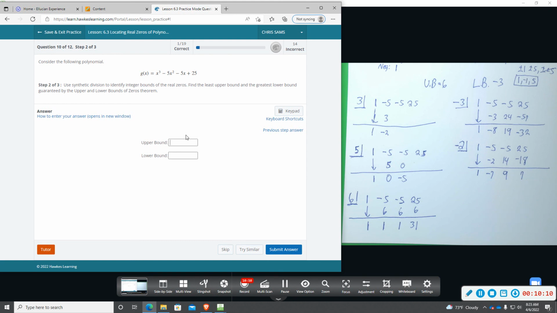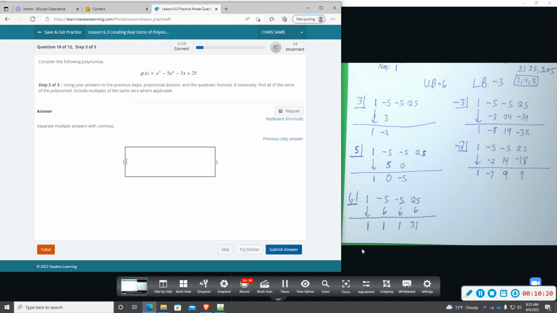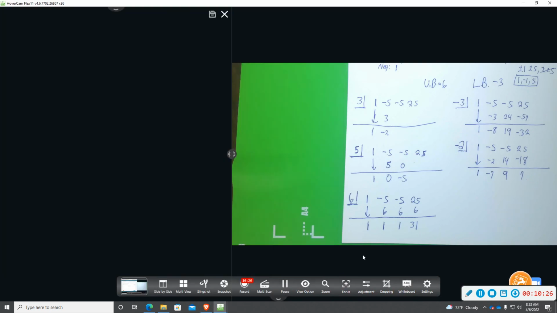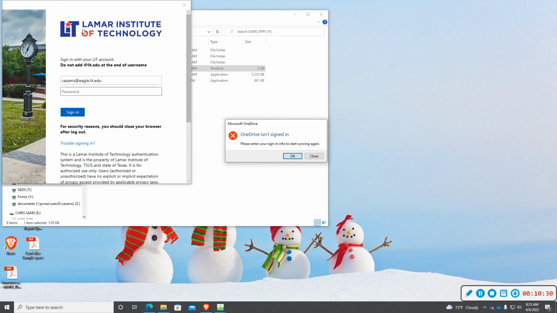So let me put the upper bound and lower bound in. Upper bound is 6, lower bound is -3. And then the next part, we're going to find the zeros. So here's a method that will help you get there pretty quickly. And you can do this at any stage, really.